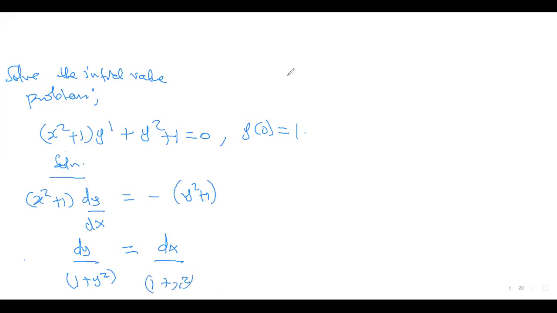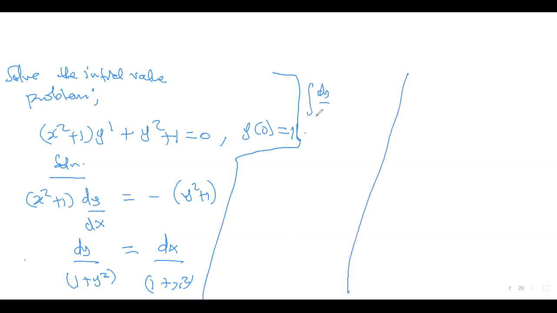So when we take the integrals, integral dy over 1 plus y squared equal to negative integral of dx over 1 plus x squared, this is going to be tan inverse.